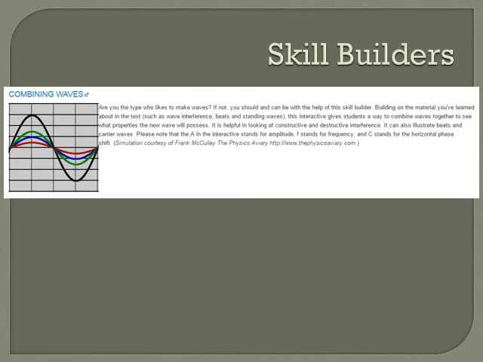Because it turns out, as we're going to get to in the notes, you can have waves that add together or waves that subtract off of each other. That's what's called wave interference. You can have either constructive interference or destructive interference. If you want to explore those possibilities, that's when you want to add in wave 2, add in wave 3, and see how they add together.